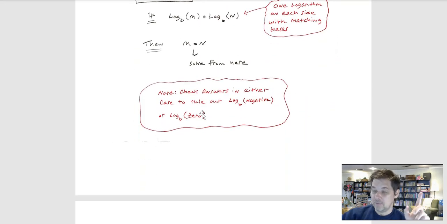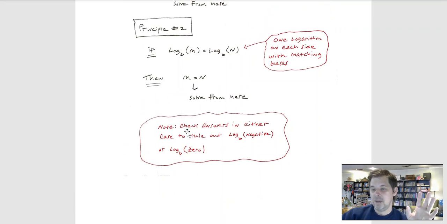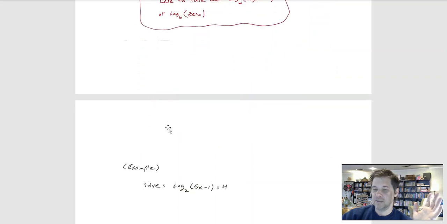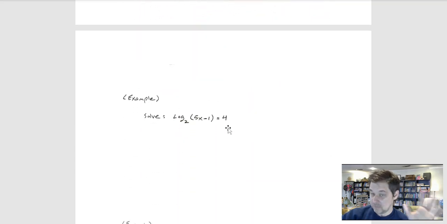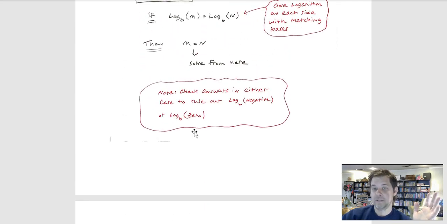But before I show you any examples, I want to say that no matter which principle you apply, if you're solving an equation that has a logarithm in it from the very beginning, like this one, then we should check our answers.